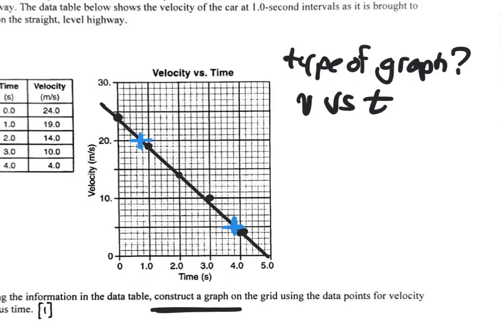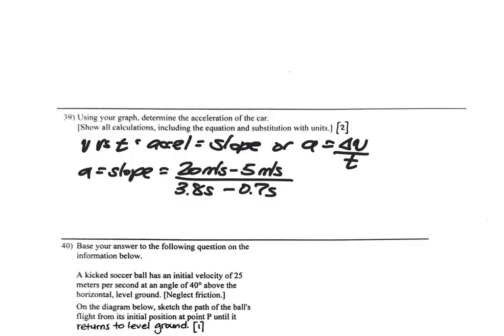Now you can use data points for this only if those points are on the line. All right, so I have my 2 points, and I'm going to do the delta y over delta x, 20 minus 5 over 3.8 minus 0.7. Notice I wrote an equation, a equals slope.